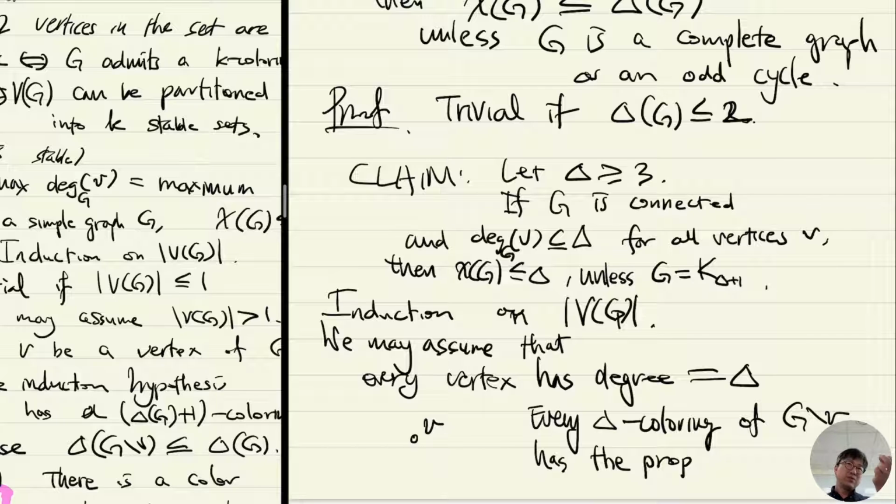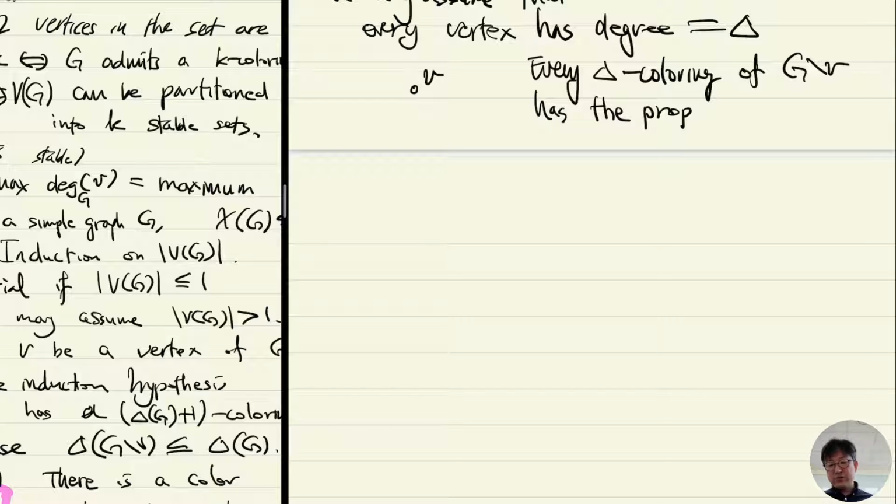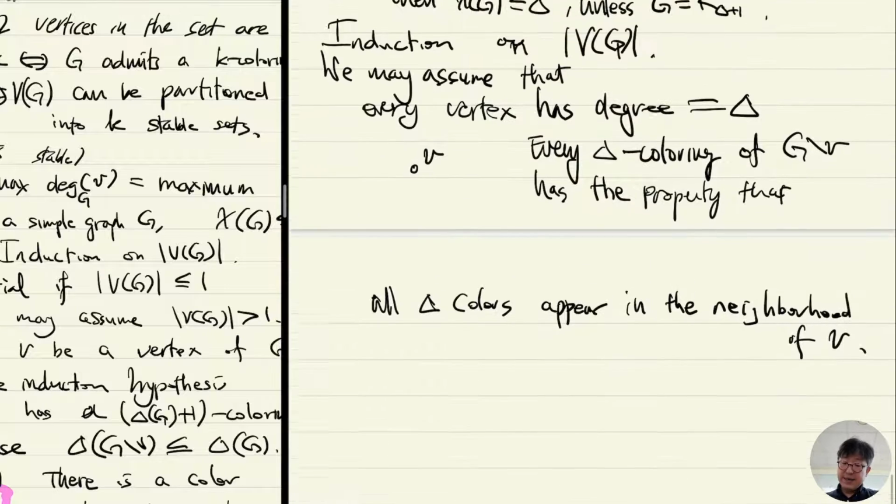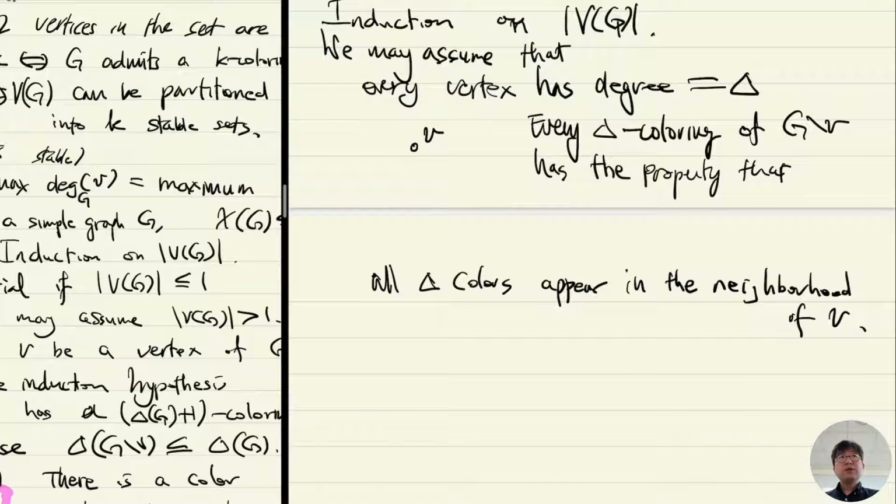We can assume that. Otherwise, we apply induction on G delete V. By induction, we know that there is a delta coloring of G delete V, and we have this property that all delta colors appear in the neighborhood of V. And that's not only in one particular coloring, but any delta coloring of G delete V has this property.